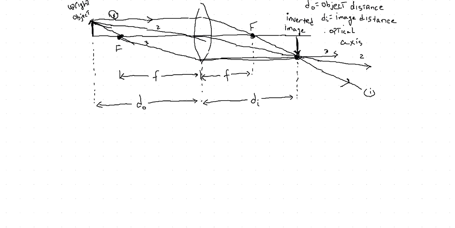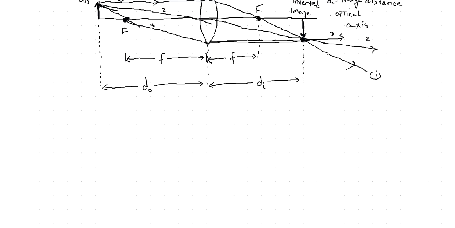Now, the image distance, di, the object distance, do, and the focal length, f, are all related by a single equation. Very simple equation. This equation is called the lens maker's equation.